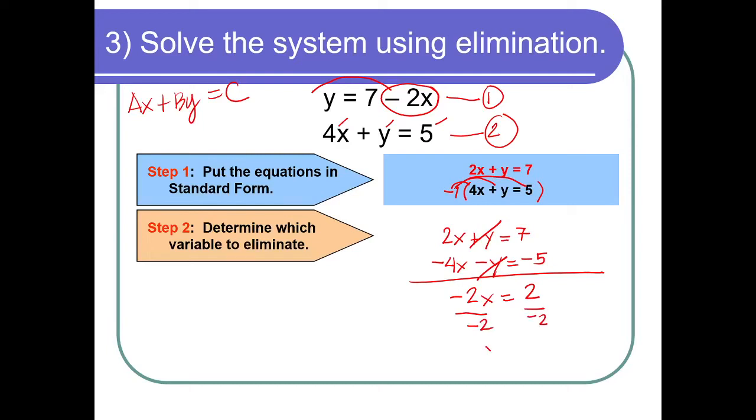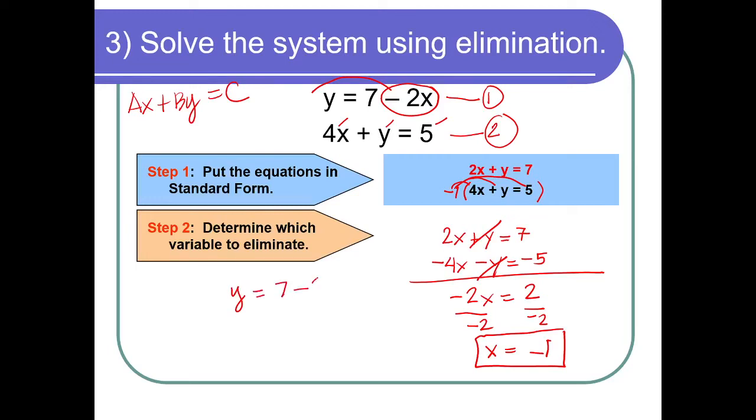So, what's the value of x? Negative 1. Now, we have now the value of our x. So, asa may ganahan ninyo, equation 1 or equation number 2? It's easier if you'll use equation 1.